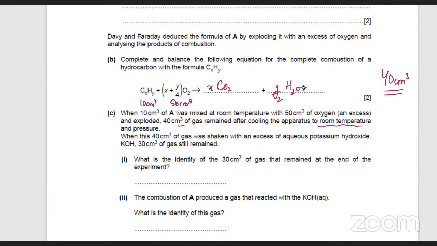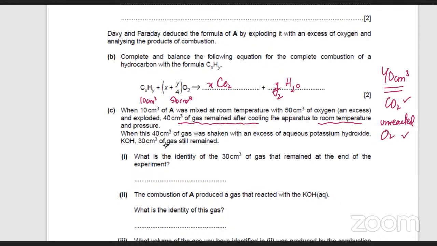ठीक है? So 40 cm cube gas remained. So it's CO2 and the unreacted oxygen, right? Is that clear? And then it's shaken with potassium hydroxide, which will dissolve the carbon dioxide. The volume decreases to 30. So that means the volume decreases by 10.